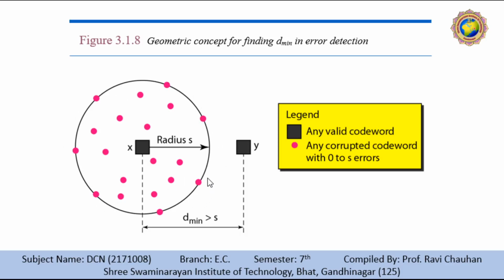All other valid code words must be outside of the circle, which is shown in this figure. A pink dot means any corrupted code word with 0 to S errors, and a black dot means any valid code word. In this figure, d minimum must be an integer greater than S, that is, d minimum is equal to S plus 1.